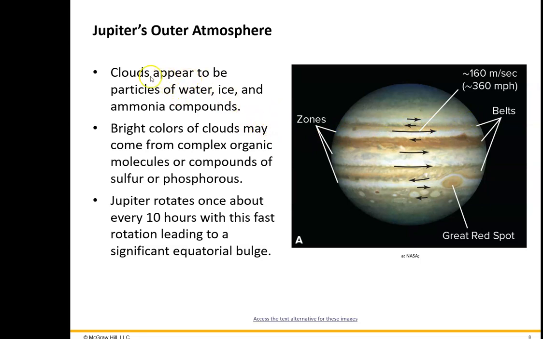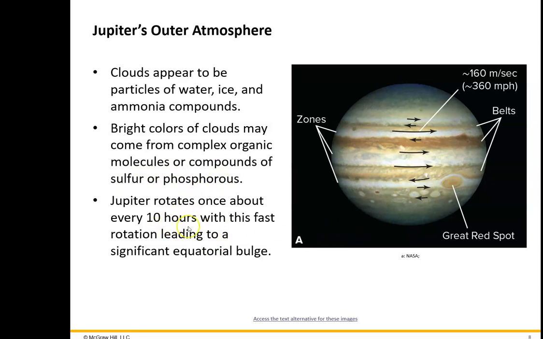All right, so the clouds appear to be particles of water, ice, and ammonia compounds. The brighter colors may come from complex organic molecules, as it says. We really don't understand all the coloration of Jupiter. There might be some sulfur and phosphorus involved as well.